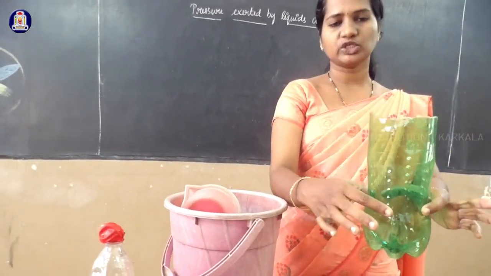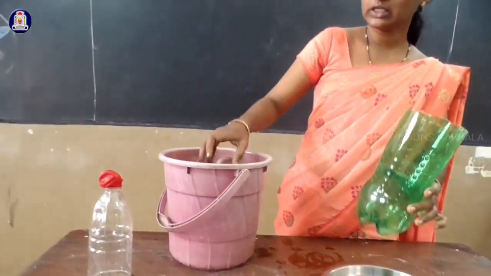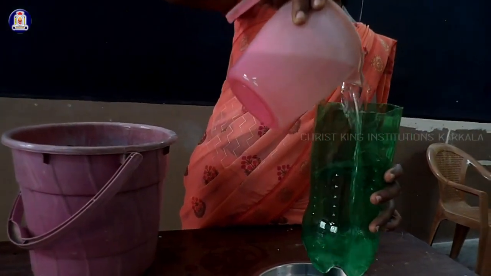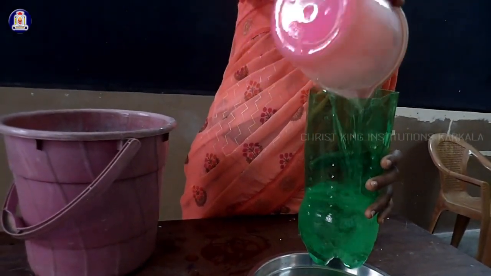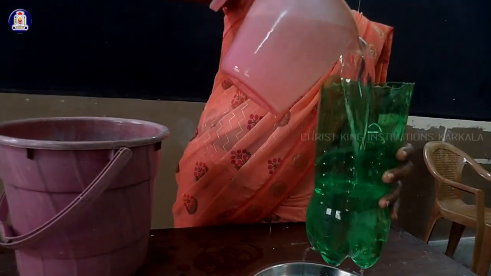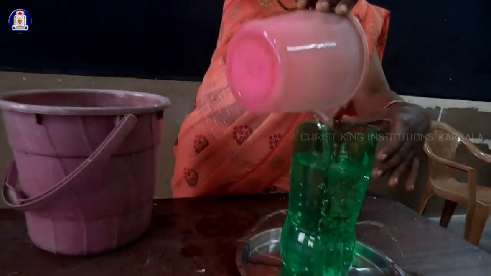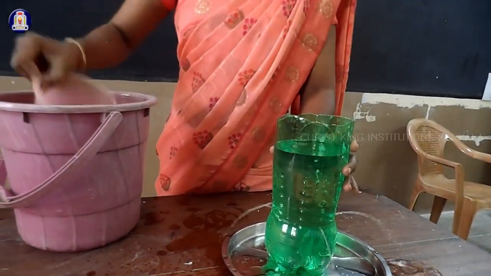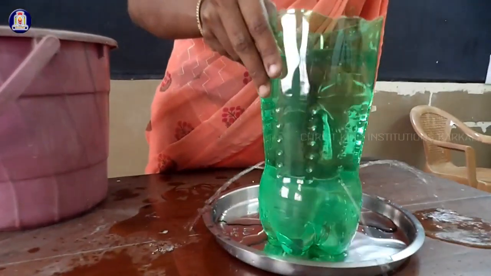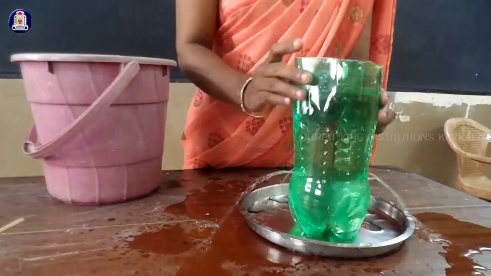I have taken this much height and made three holes at the same height. Now add some water to the bottle, and you can see water comes out from these holes.